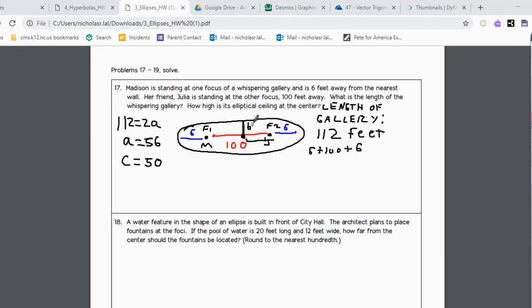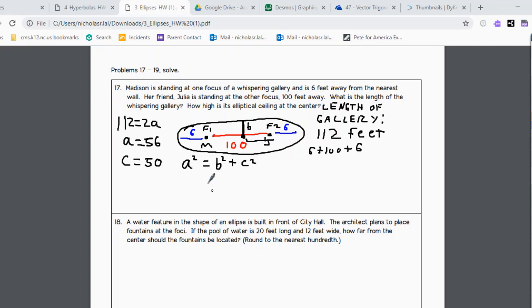Now we can find B using our Pythagorean relation. For an ellipse, we have the Pythagorean relation that A squared is equal to B squared plus C squared, or C squared is equal to A squared minus B squared.